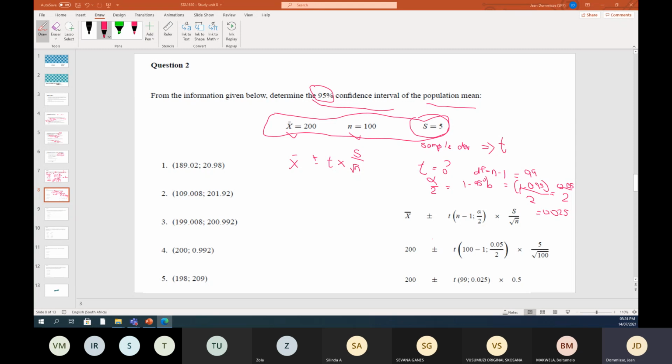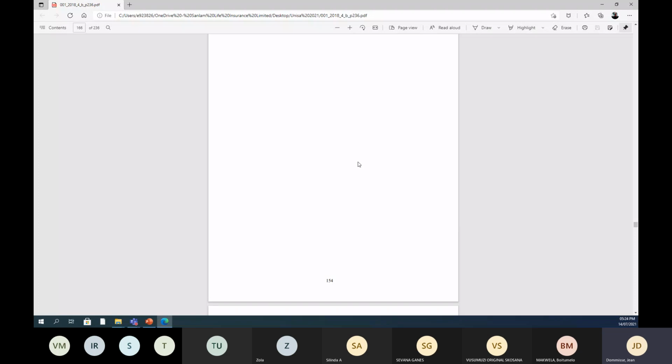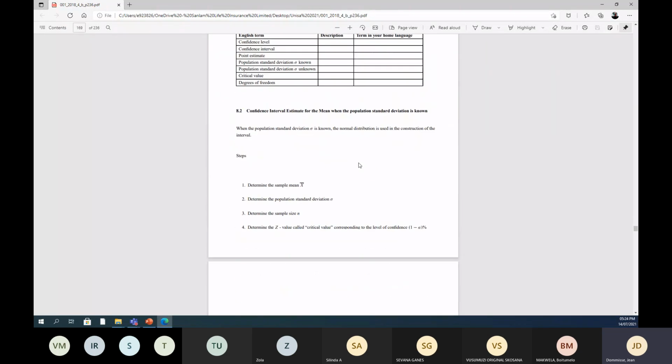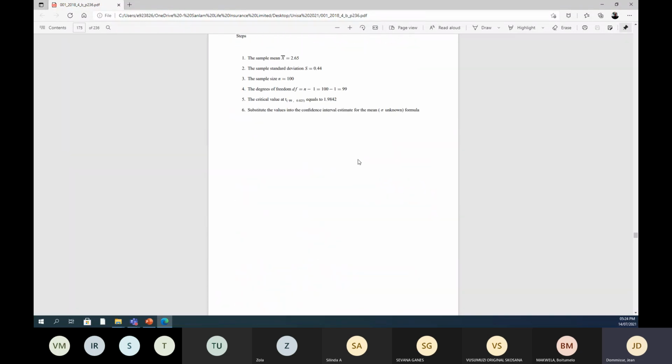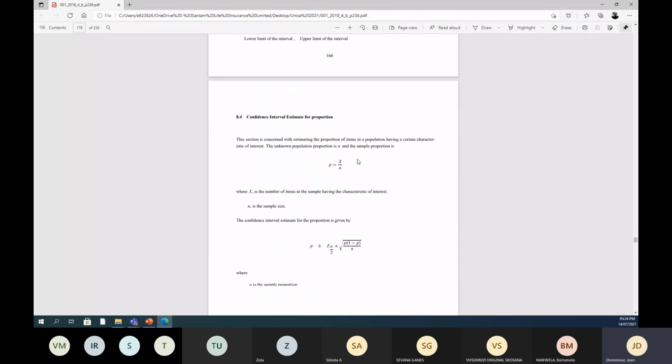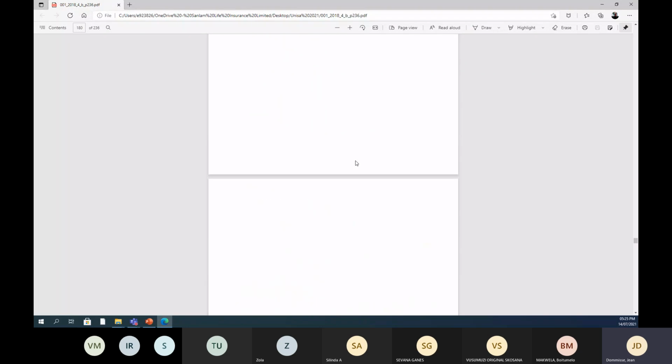And the T table will probably be part of study unit 7 or 8. Let me just get it. I'm just not sure if it's in study unit 7 or 8, so let's just, okay, so it's study unit.